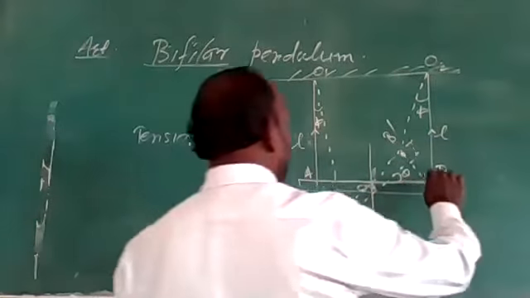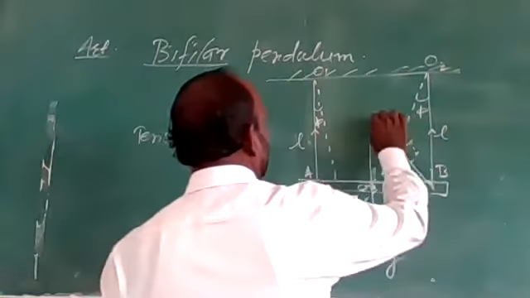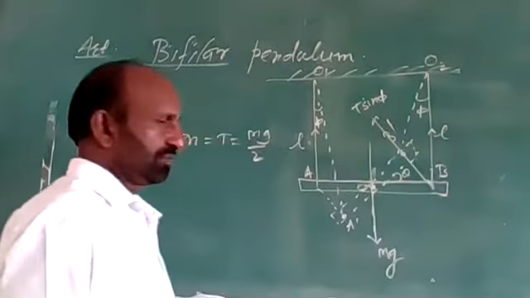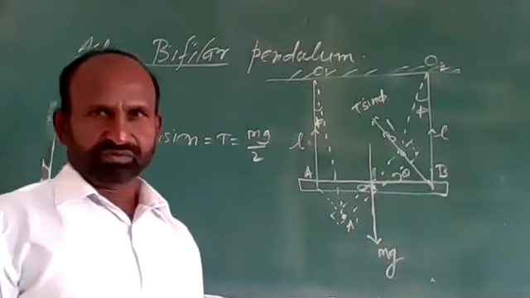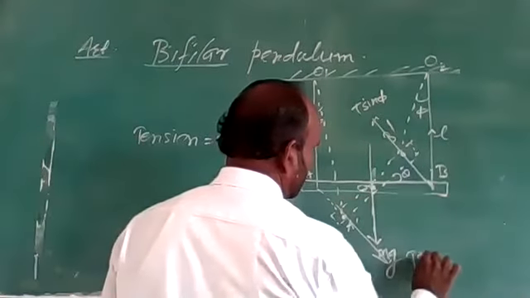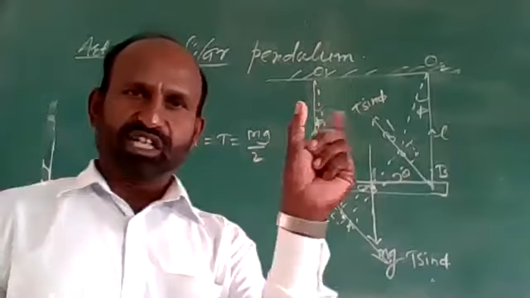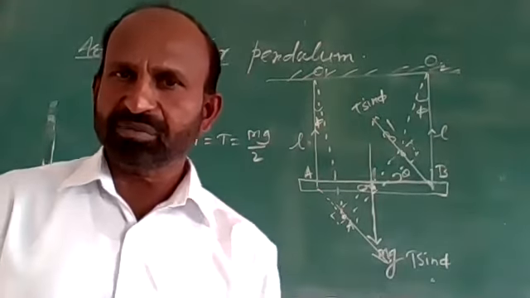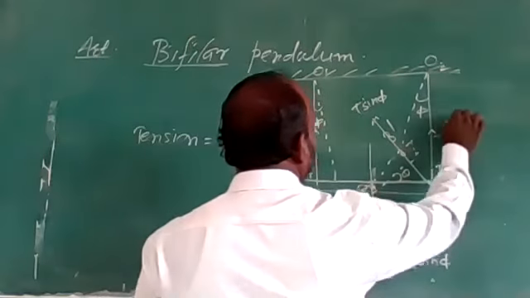So the tension on the thread is resolved into two components. The component along B dash is T sin phi, and here also T sin phi. That is the horizontal component.